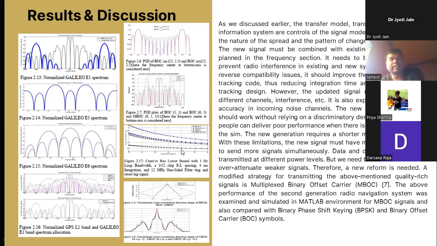So we can see that the binary offset carrier has the smallest tracking error, and then the time-multiplexed binary offset carrier. The highest one, the BPSK, has more time tracking error. Why?